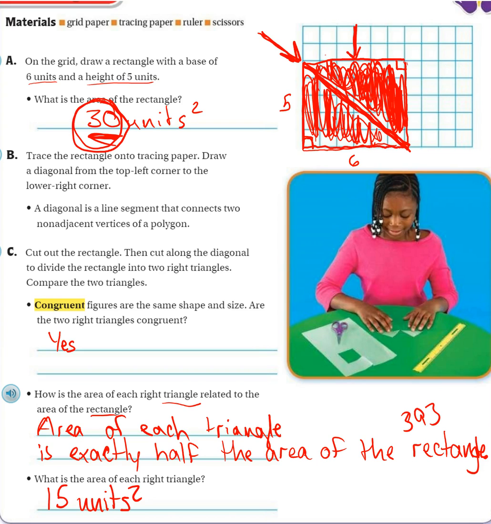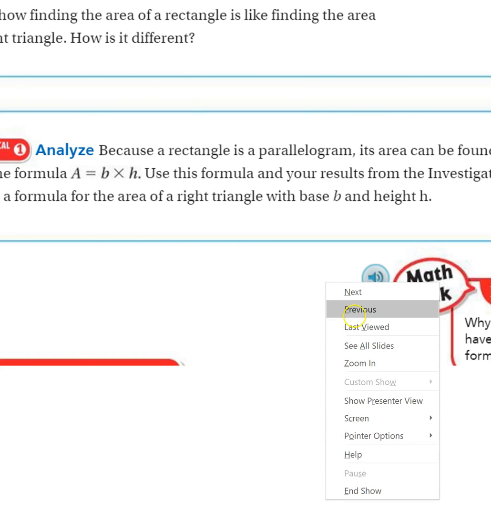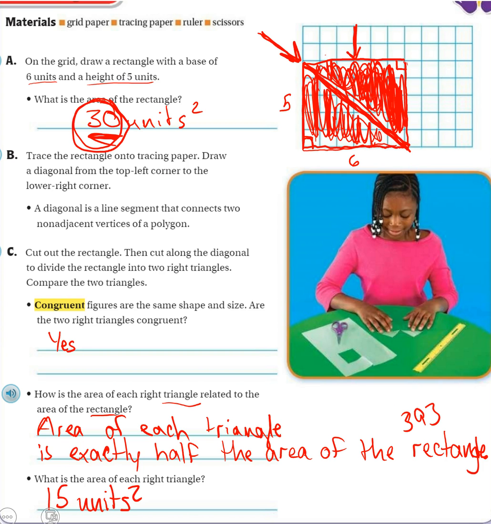All right, again, if you have any questions, please don't hesitate to raise your hand. So you can see with finding the area of the triangle, there's a formula for this as well. To find the area, A, you have to take the base times the height, just like before, and then multiply it by 1/2 or divide it by 2.